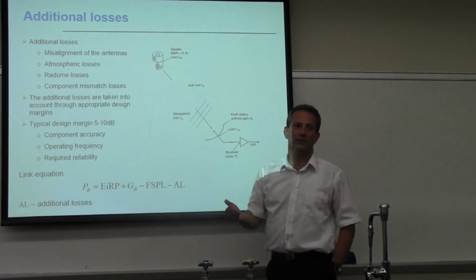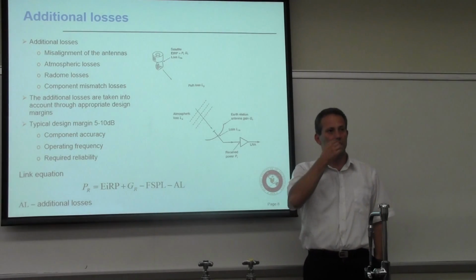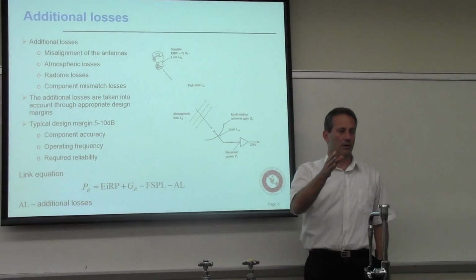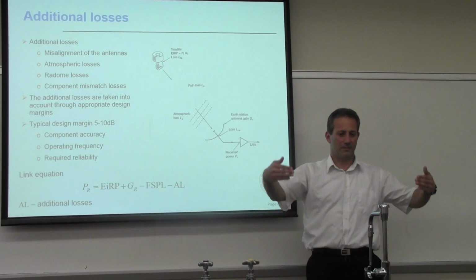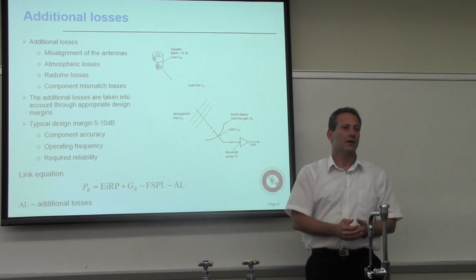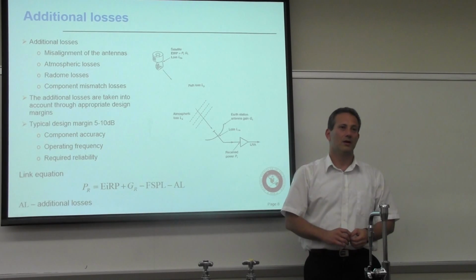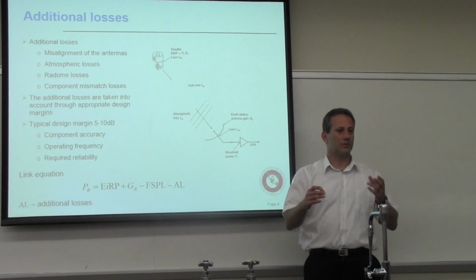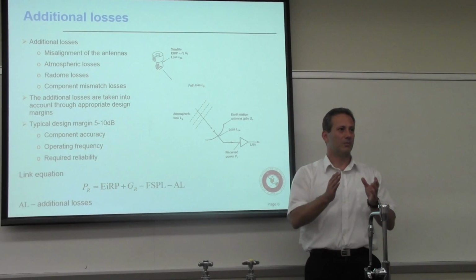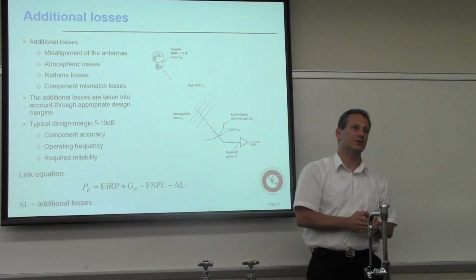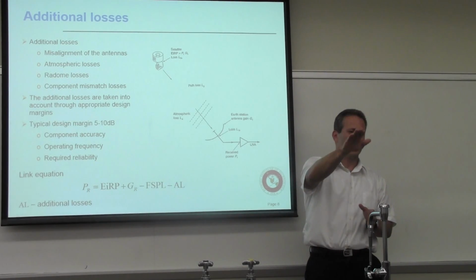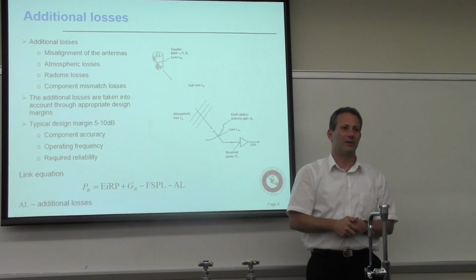There's misalignment of the antennas, right? You hope that you're going to be pointing the main beam towards the main beam. And a lot of times, if you look at that mechanically, you can actually do it. But what happens is, because of the changes in the atmosphere, the propagation of the signal is not always straightforward, especially if you're transmitting at lower elevations.